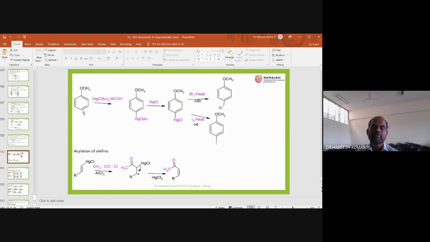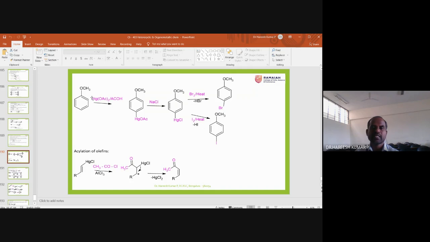After separation, you take the para and subject it to reduction, and you get the amino compound. That amino is subjected to diazotization, and then to the Sandmeyer reaction. So how many steps are involved to get phenyl iodide or phenyl halide? Many steps are involved. So this may be the better method.